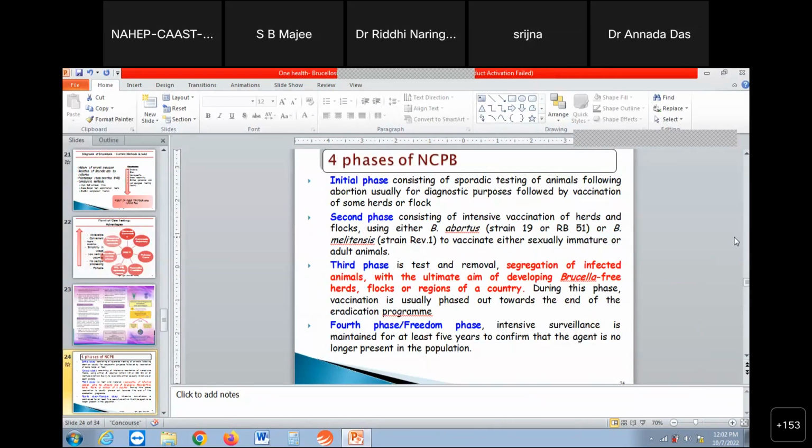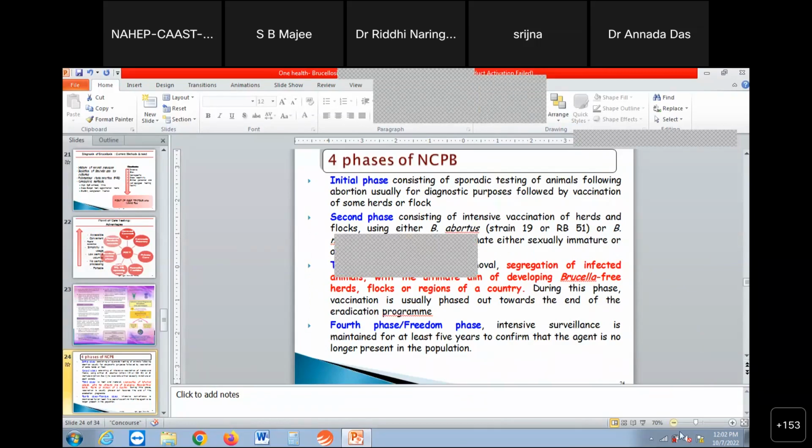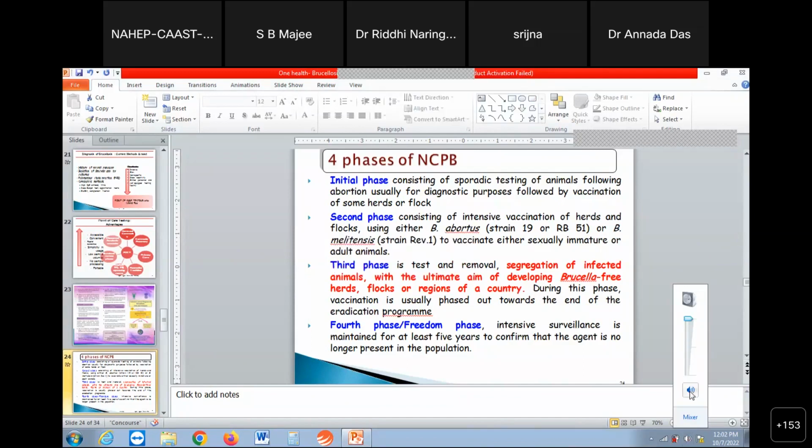So here the village is taken as the herd and all animals belonging to a particular village were taken as the herd. So that is the first phase. That is just sporadic testing. You just go around collecting samples, maybe aborted, non-aborted, whatever, and just do the testing.